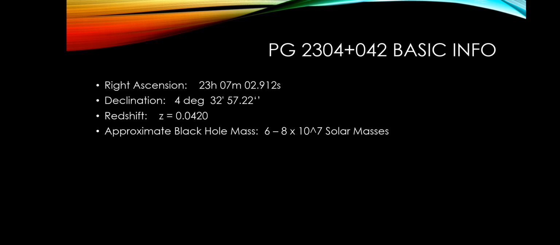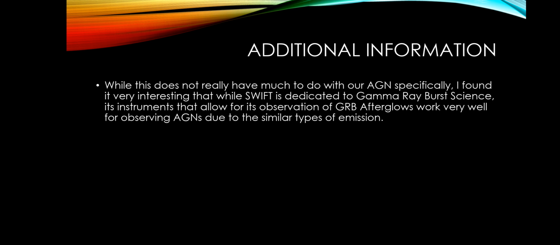I feel like there is a connection there, but I never found anything conclusive about it. And the approximate black hole mass that was actually calculated by us, the two values were varying between 6.69 times 10 to the 7 solar masses and 8 times 10 to the 7 solar masses. So I put them both in there.